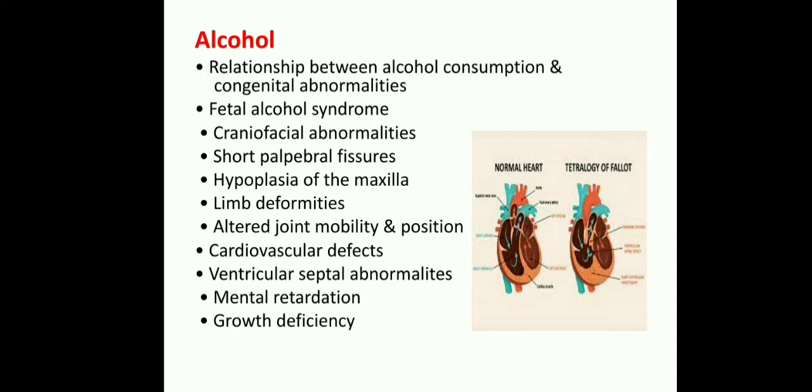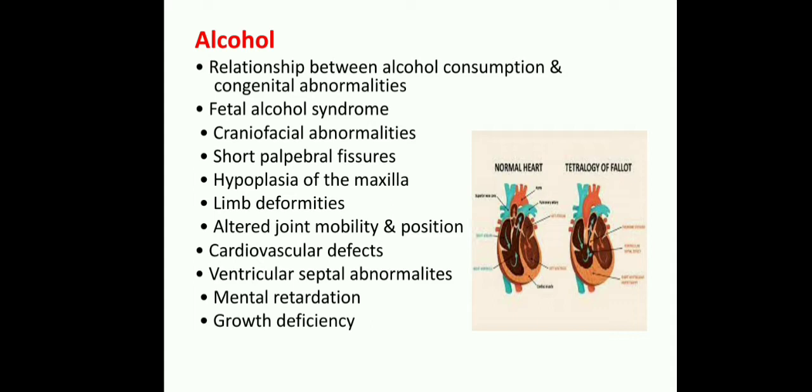Next, if the mother is consuming alcohol, what are the complications for the baby or fetus? Here, the relationship between alcohol consumption and congenital abnormalities: the first is fetal alcohol syndrome. The baby has fetal alcohol syndrome.